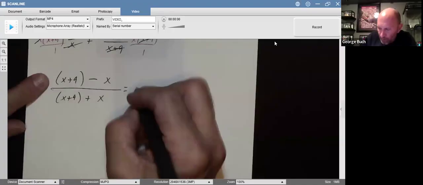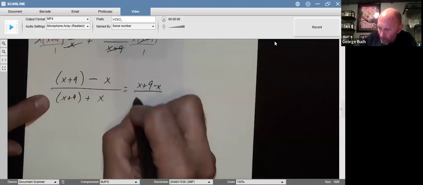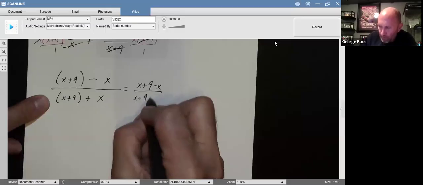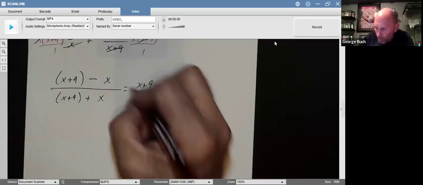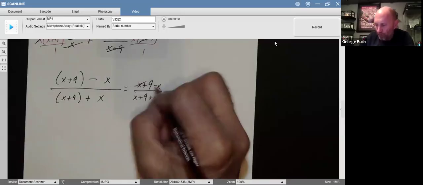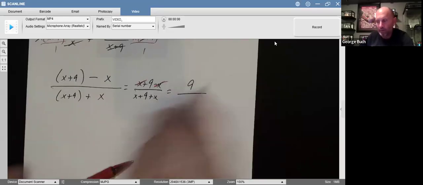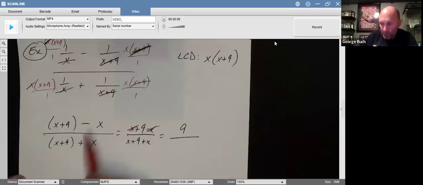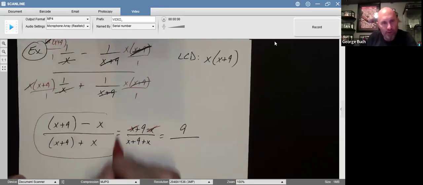So this top is x plus 9 minus x. The bottom is x plus 9 plus x. So in the top, x minus x, they cancel out, so I just have 9 left in the numerator. Oh, and let me back up a little bit. Once I did this multiplication by the LCD, I have no more compound fraction.